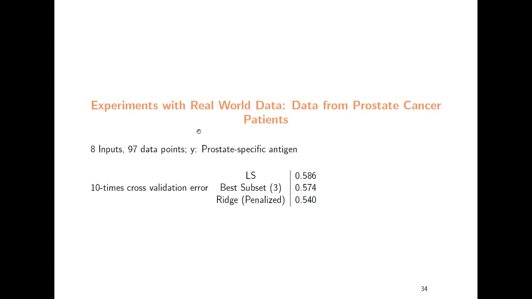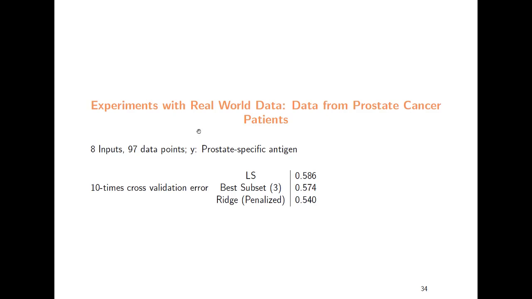Here's another example, from Hastie's book, the data mining book. An example with 8 inputs and 97 data points, and the output was to predict a prostate specific antigen. He used 10-fold cross-validation test error.